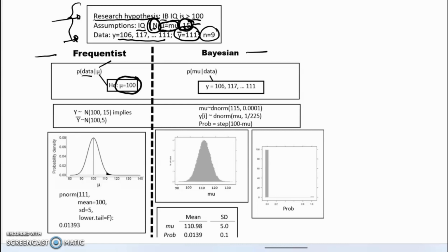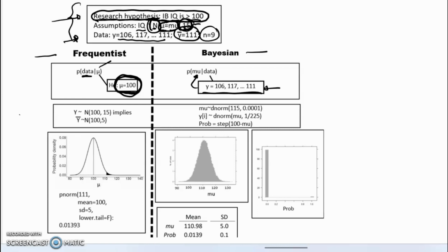So what the Frequentist does is that if the research hypothesis is that the IQ is greater than 100, then the Frequentist is going to set up a null hypothesis that contradicts that and says that the mean is equal to 100, then going to calculate the probability of getting the observed data. In contrast, what the Bayesian does is they fix the data, and then they're going to obtain the posterior distribution of mu conditional upon those data.